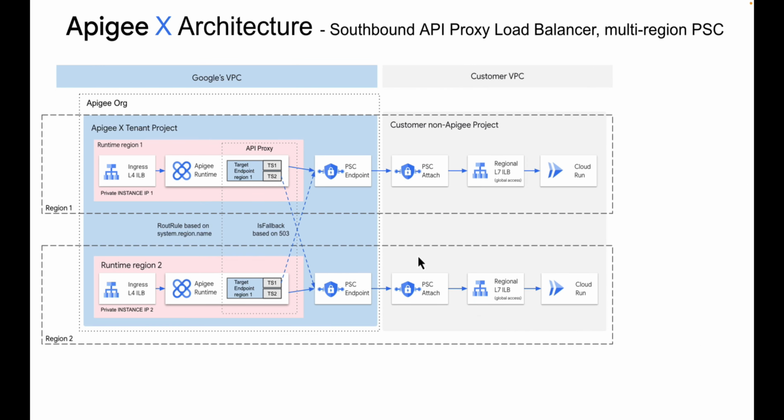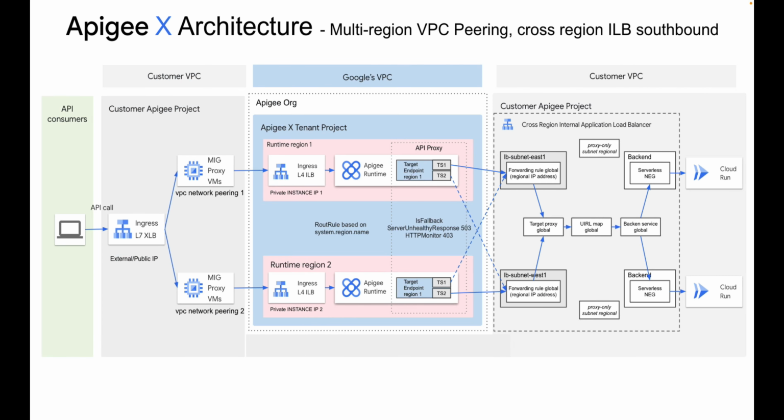Another example here using PSC endpoint. On the previous example, just to mention this fact, we used VPC peering. We consider that we are using VPC peering with different workloads that are attached to the customer VPC, part as an example of the customer Apigee project, the project that has been initially used to implement and create the Apigee organization.